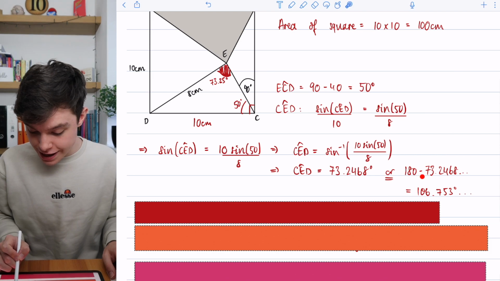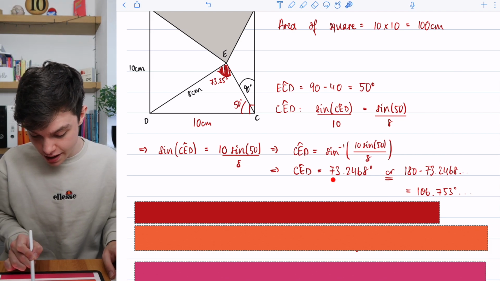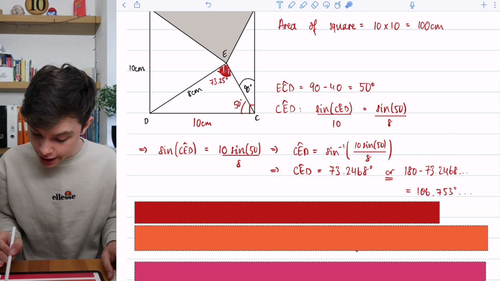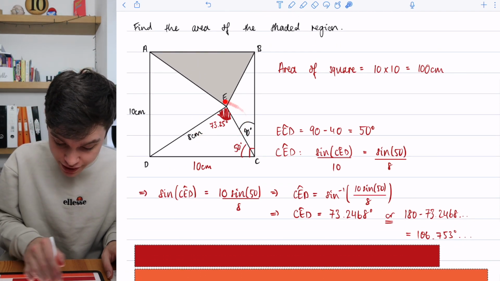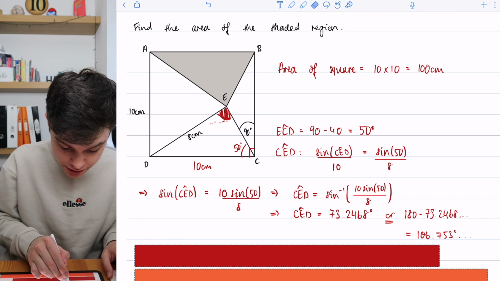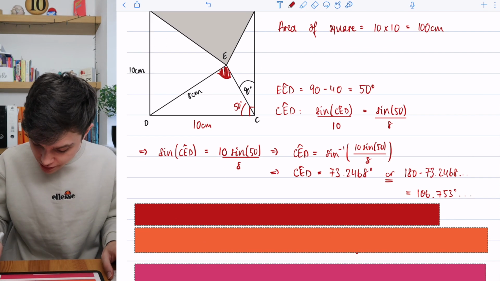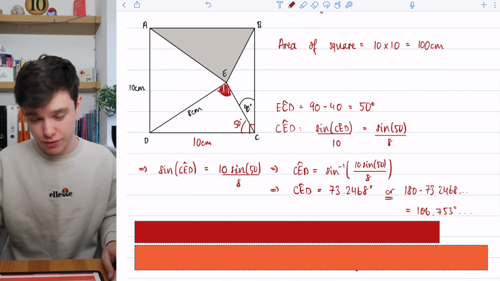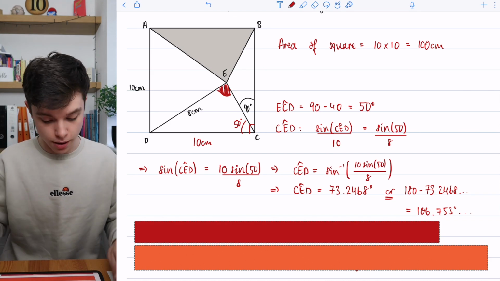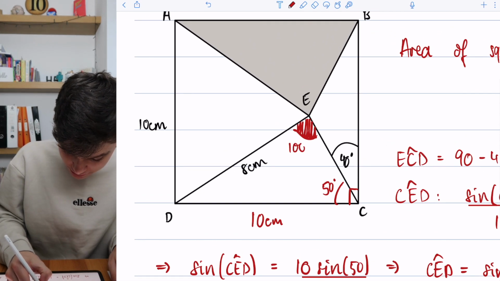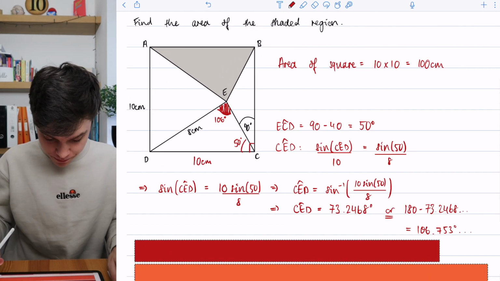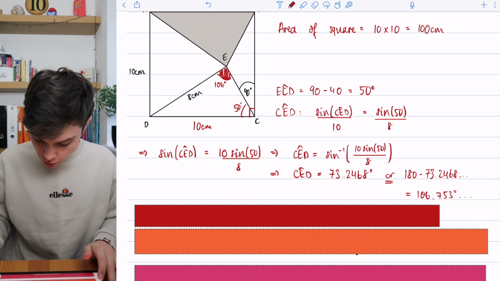So 180 minus the answer I got when I did inverse sine will give me another angle, and that is what this angle is here, not 73 degrees. So that's 106.753 degrees. Let me write that on, and I'll just write 106 degrees for ease. That's what we've got there.